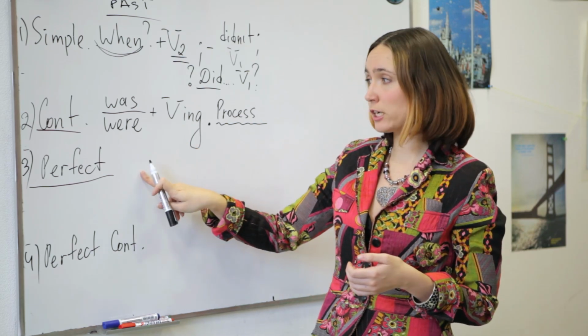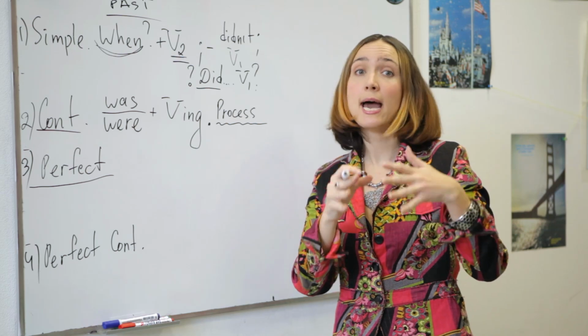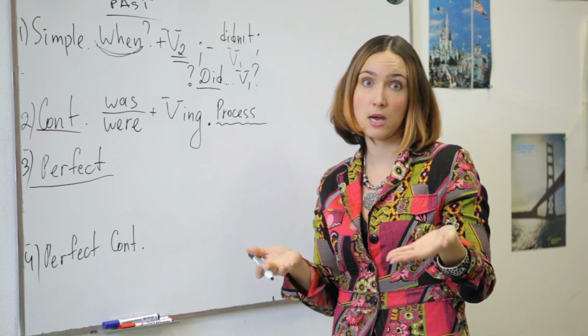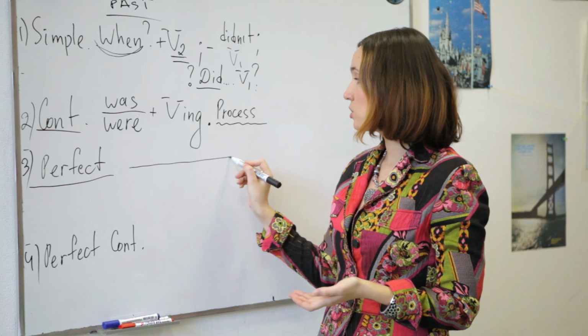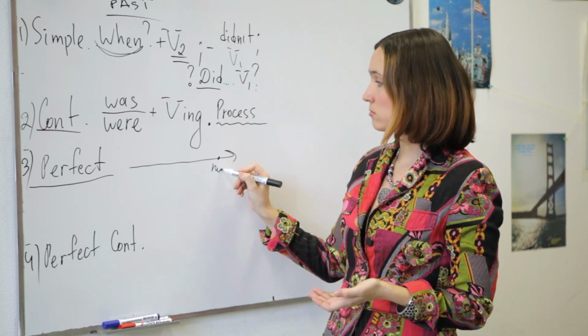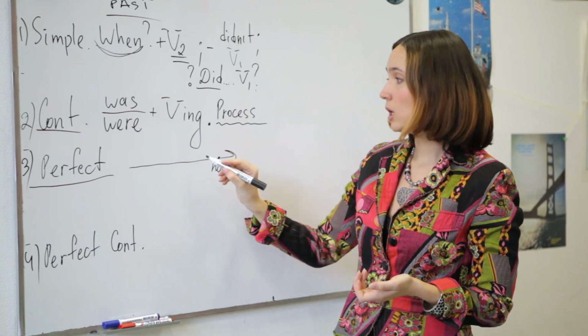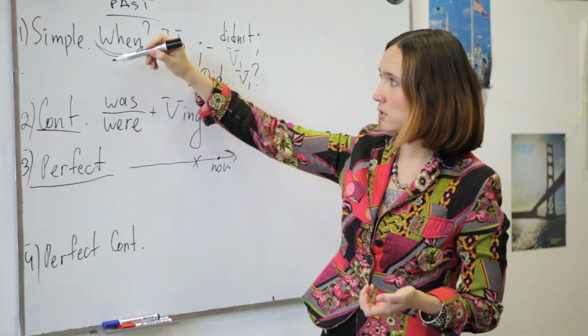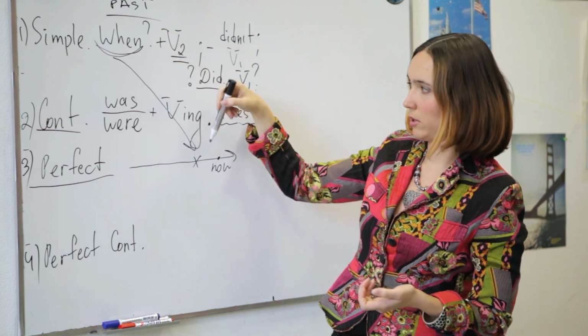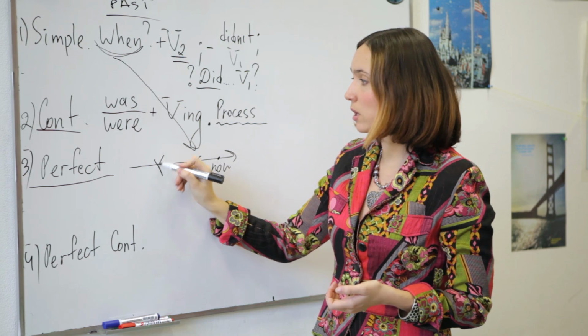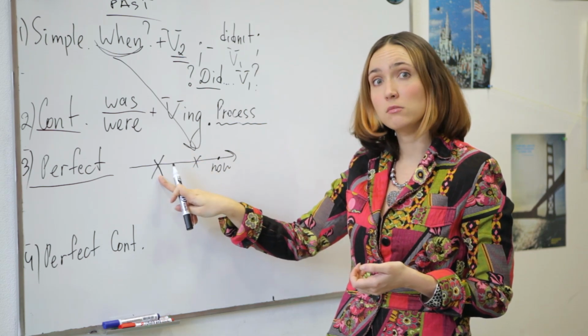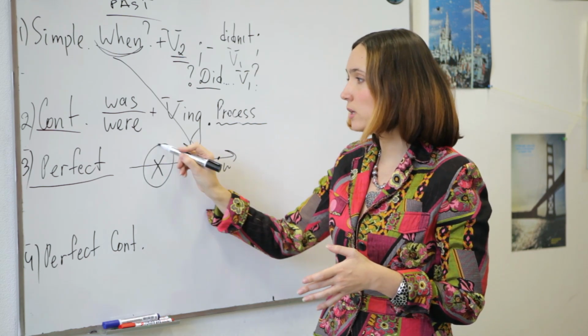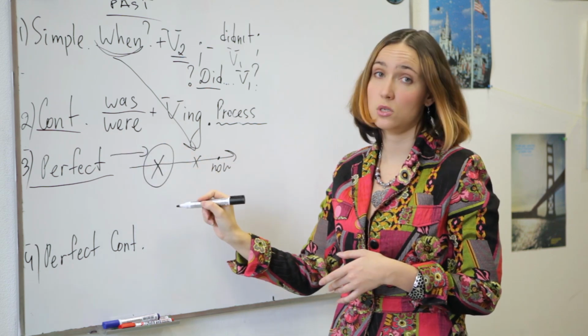Here you have the action that had happened and had finished before another action in the past. So if we look at it like that, you have the now. You have some action in the past that can be this grammar. And then before something else had happened but finished. And this is what we use this for.